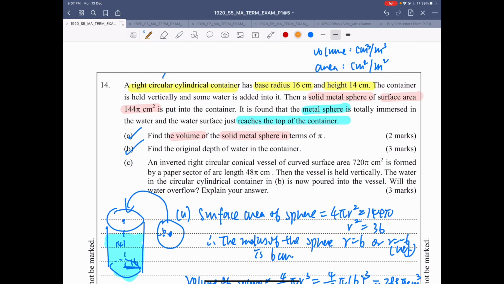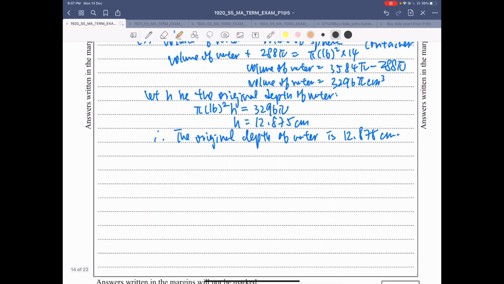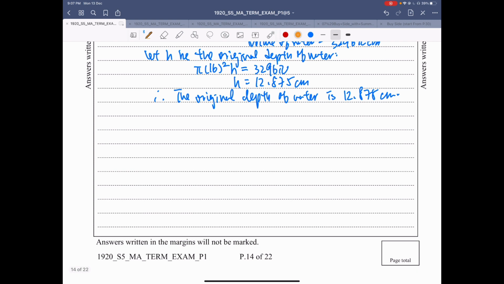And for part C, you are going to have a new set of information about a right circular conical vessel with curved area of 720 pi cm square, formed by a paper sector of arc length 48 pi cm. Do you remember, a cone is like this. Its curved surface is basically a sector, so that when you fold it, you can fold it into a cone. When you fold it, this arc length equals the perimeter of the base circle, and it is given by the question as 48 pi.